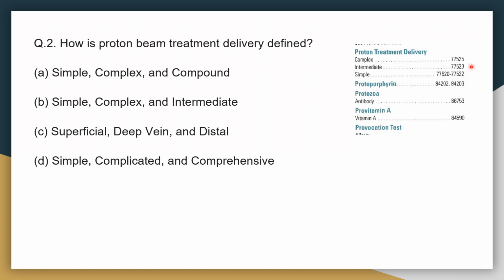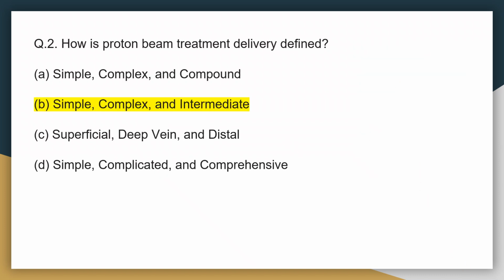Many a time you get the answer here, but you can also pick up the code and go directly to that particular section. There also you will get the answer, so you pretty much know what the answer is. So yes, B is the correct answer.